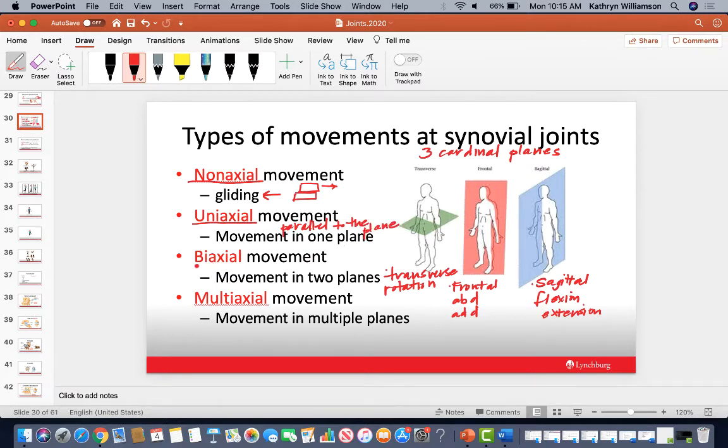If it's biaxial movement, bi means two, so we have movement in two planes. Multi-axial movements occur in multiple planes. Think about your shoulder joint being very, very mobile, and it can move in all these different planes of motion.